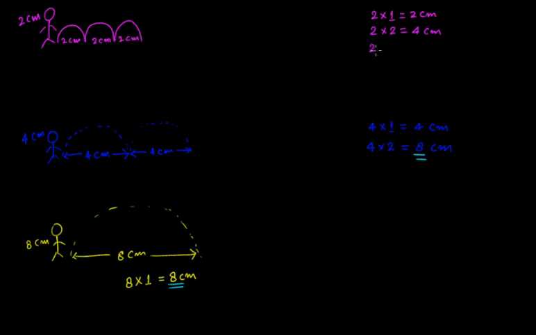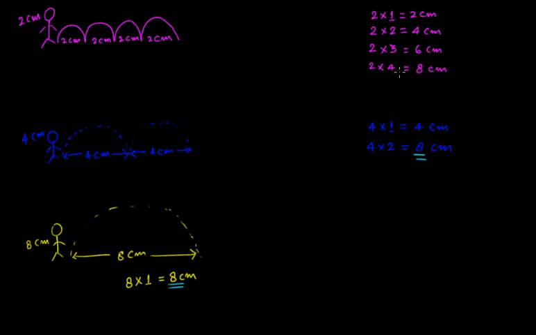So 2 is a step measure, 3 is the number of steps taken, therefore total distance covered will be 6 centimeter, that is 2 plus 2 plus 2. Okay, it takes another one step, that is of 2 centimeter. So 2 is a step measure, 4 is the number of steps taken, and 8 centimeter is the total distance covered in 4 steps.